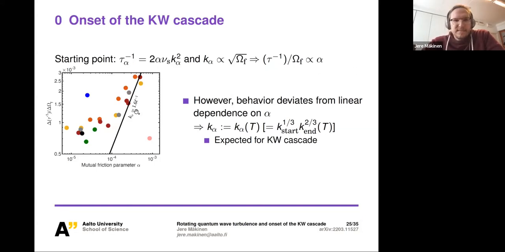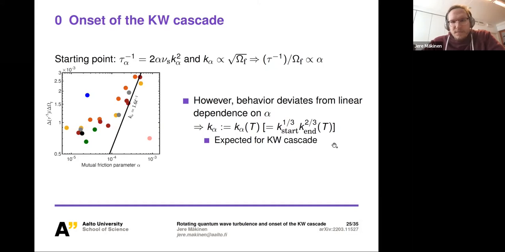As you can see, this linear dependence is not really a good description of what's going on here, which indicates that there's no other way than that k alpha is a function of temperature. So at this point, we know that this length scale is not fixed by the intervortex distance, but it actually also depends on temperature. And this is indeed what is expected for a Kelvin cascade, since as the temperature goes towards the zero temperature limit, the cascade should expand towards higher wave vectors.